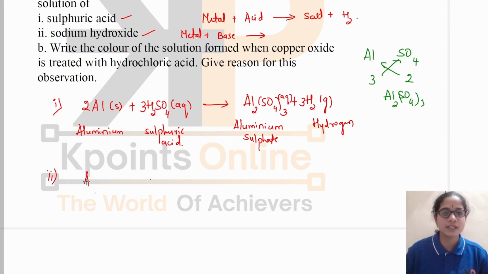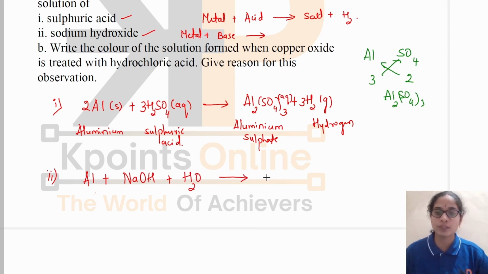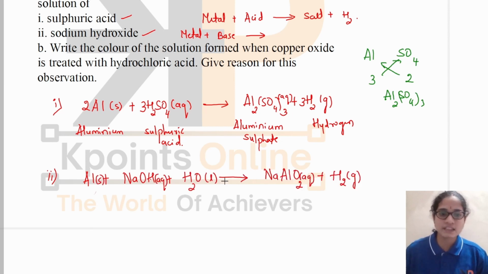So aluminium reacts with sodium hydroxide in the presence of water to form sodium aluminate. Okay, we have to balance the equation. So aluminium will also be 2. Then what about hydrogen? Here there are 2 plus 2 to the 4, 6 hydrogens. So I should get 6 hydrogens here. Okay, this is the balanced equation now.